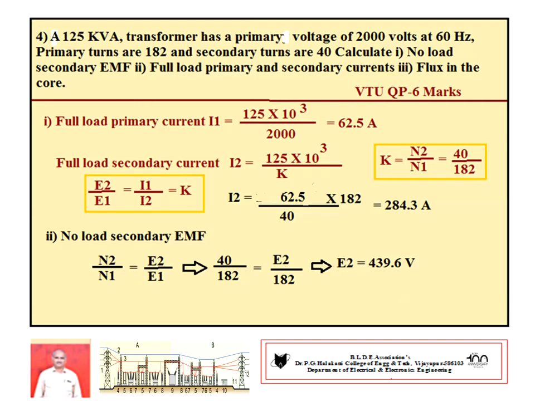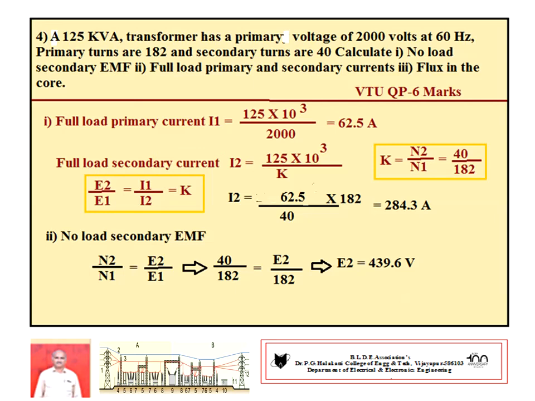So in terms of current, K is also equal to I1 by I2. This is a very important factor. Remember, once again, K is also equal to I1 by I2. After knowing I1, with the help of K, you calculate I2. I2 equal to I1 by K. 62.5 divided by K, you are going to get around 284 amperes.